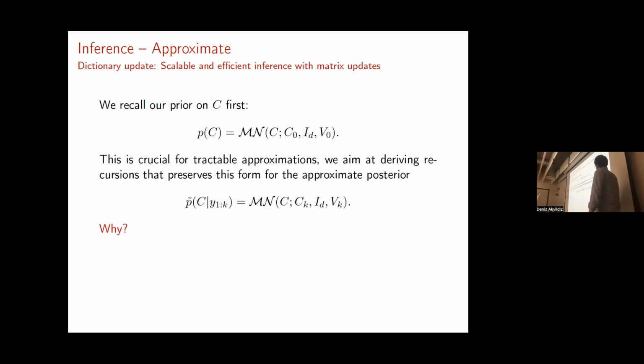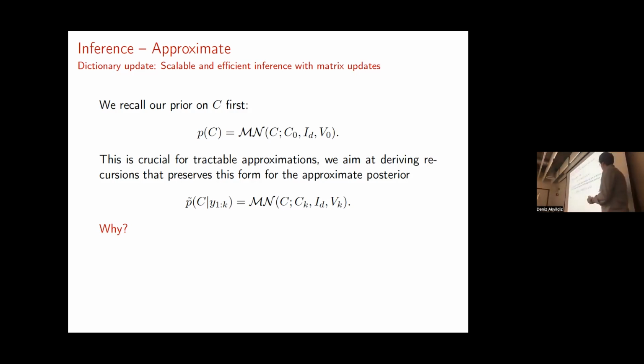If we are able to have the posterior in the same form, that preserves this form, it means I can only update V, and I don't have to deal with this D times D part. I don't have to form a huge covariance matrix. I can only store the R times R covariance matrix for columns, and I can update my mean. So this would be quite easy for us. That's what we are trying to do.